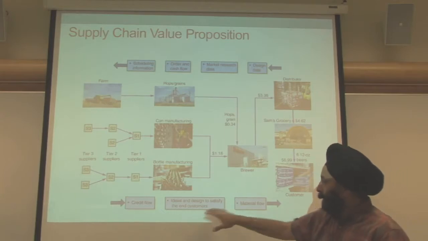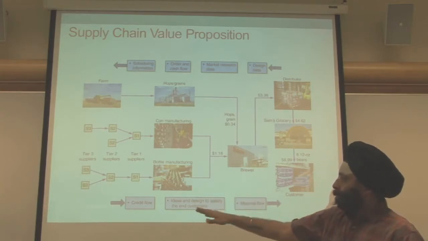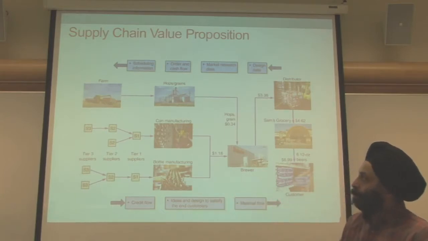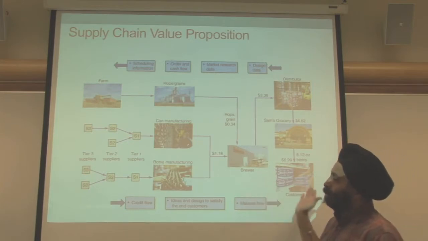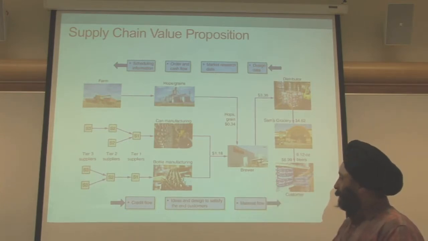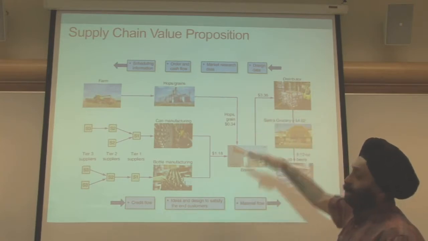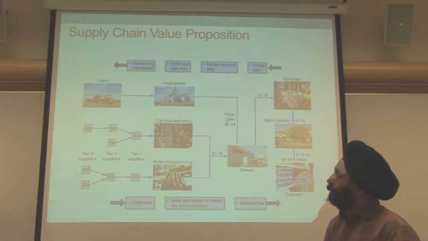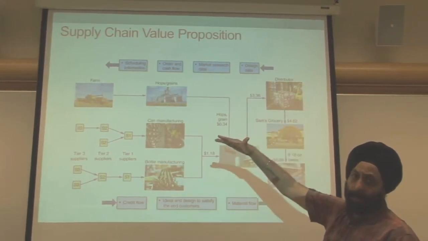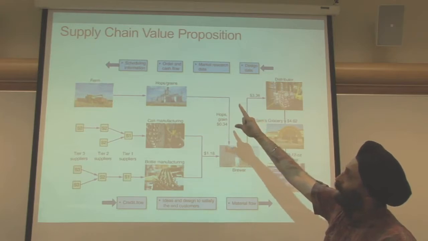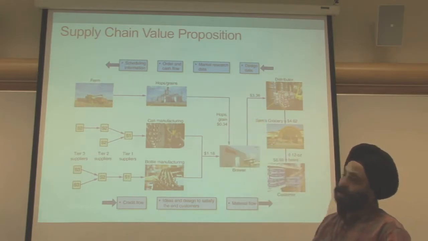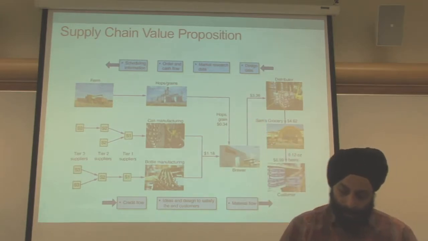So credit is flowing from supplier to manufacturer to wholesaler to retailer. Material is also flowing this way. On the other hand, design data, what customers like and don't like, flows in reverse, as do market research data, orders, cash flow, and scheduling information, all the way back.